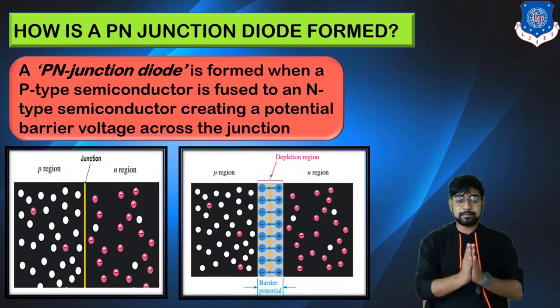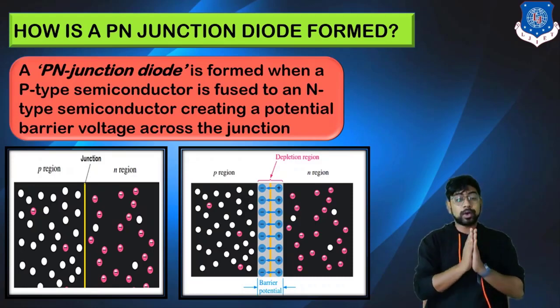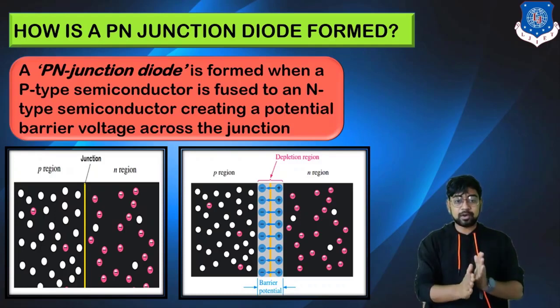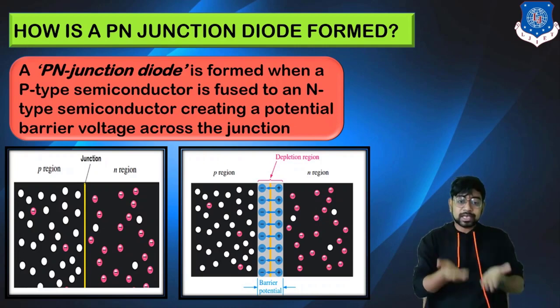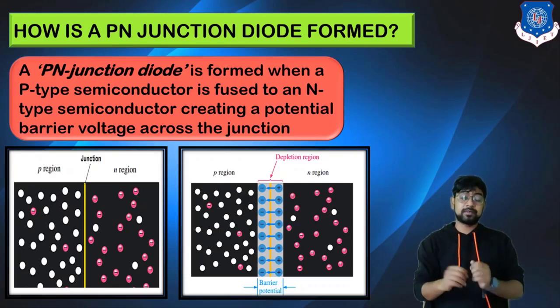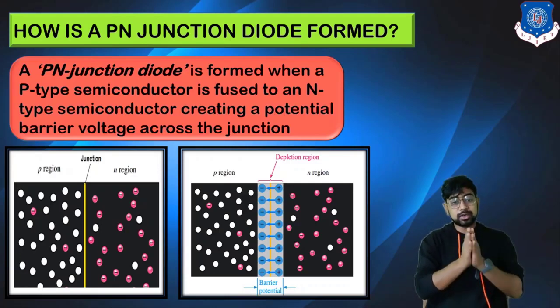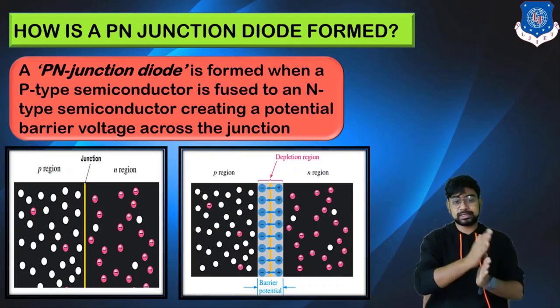But meanwhile, when a certain number of electrons has gone from the n region to the p region, these electrons do not allow other electrons to go through, because again the natural concept of repulsion comes into the picture. The same thing happens vice versa in the p region: the holes coming from the p region to the n region do not allow other holes to go from this end to that end.